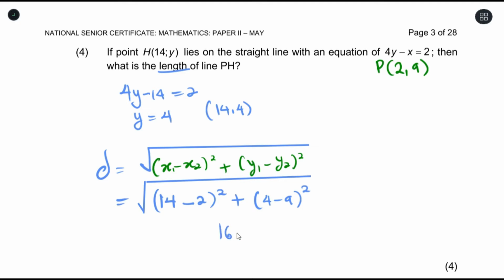This whole thing here will be 169. So your distance is 13 units. And that's it.